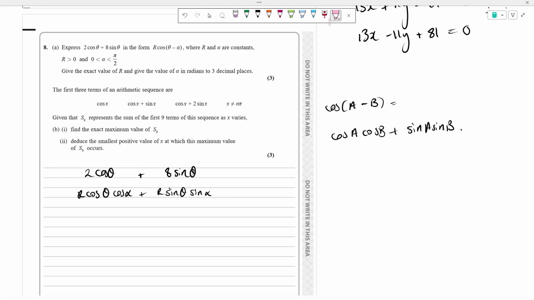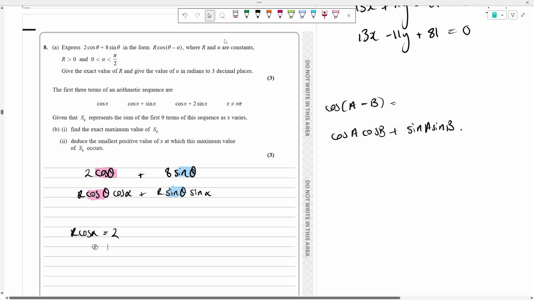Now you can see in both of these, I have a cos theta here, and I also have a sin theta here. So I can essentially say that this 2 must equal to R cos alpha. So R cos alpha must equal to 2. And similarly, R sin alpha must equal to 8.